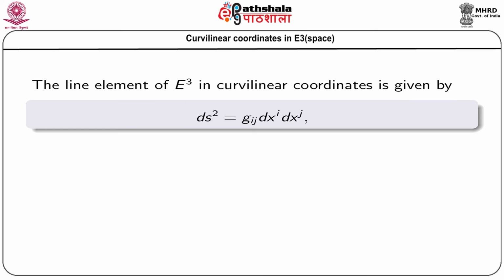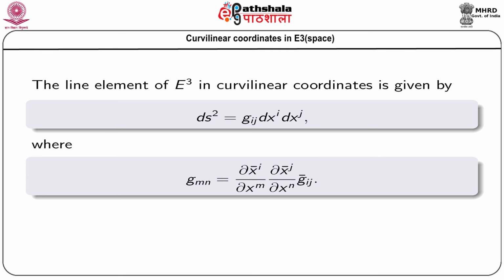So, we can use this distance formula here also for the curvilinear coordinate system, where Gmn is equal to del x bar i by del xm, del x bar j by del xn, g bar ij, where G is the covariant tensor of rank 2.